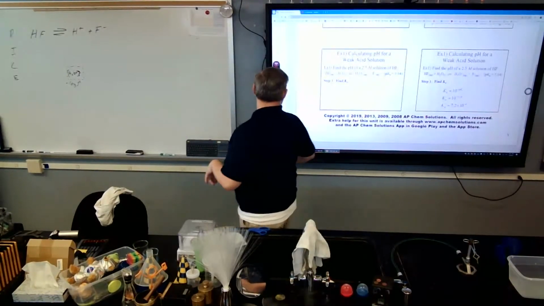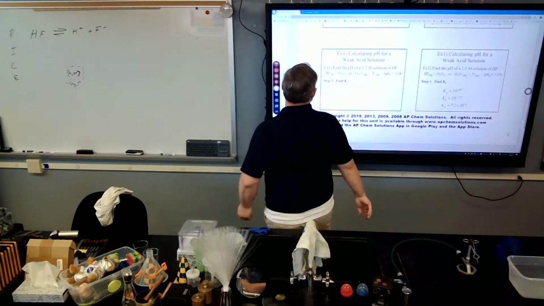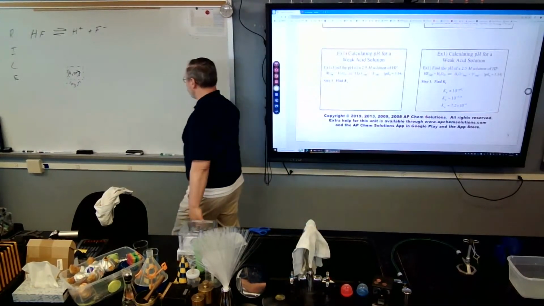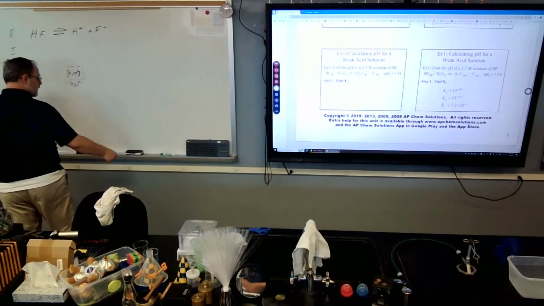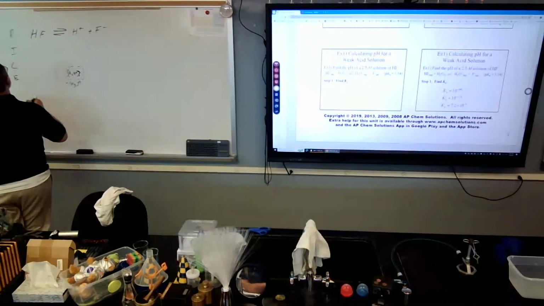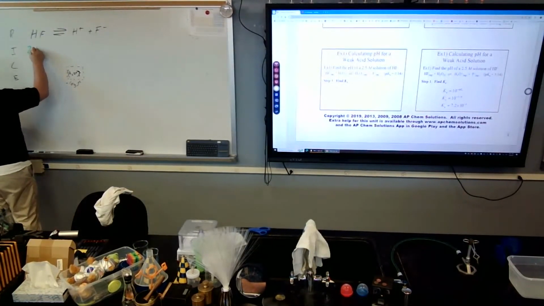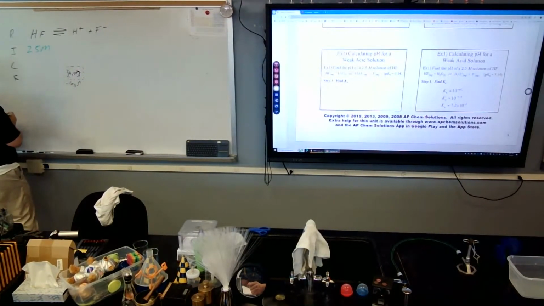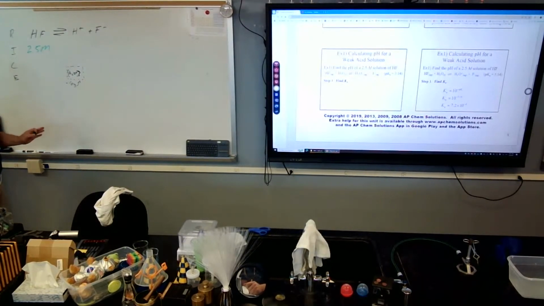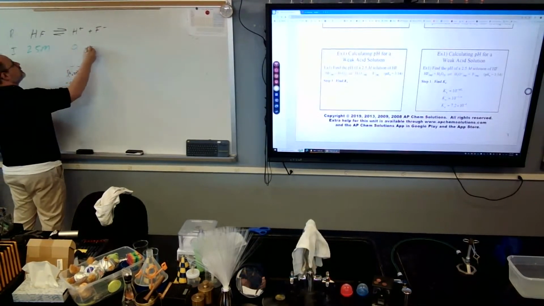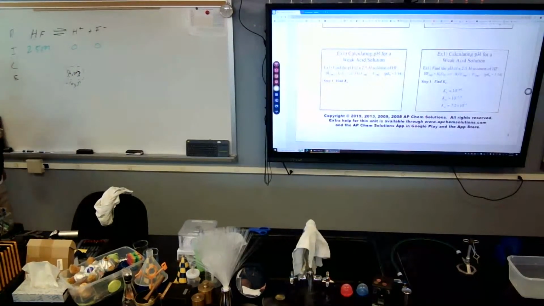Okay. Now look at the information we have. We have a 2.5 molar solution of HF, which is massively concentrated, but it doesn't really matter at this point. So we are starting with 2.5 molar HF. We're pretending that at the moment we make the solution, it's only HF, and then it creates the protons and the anions.